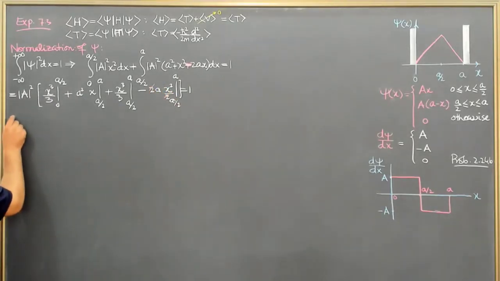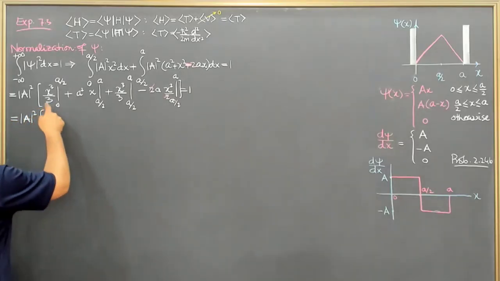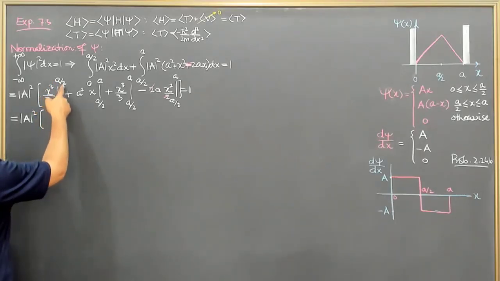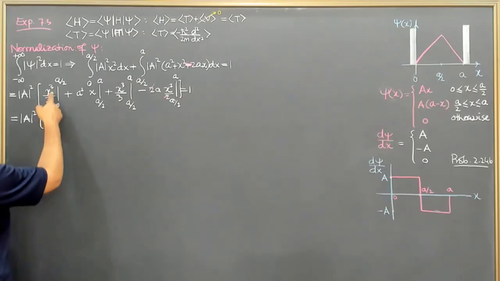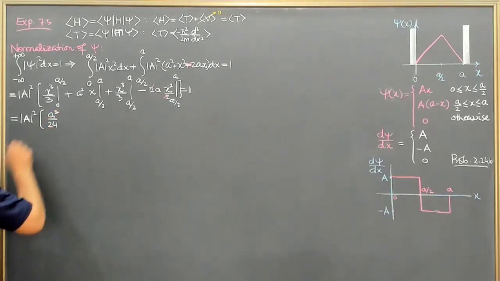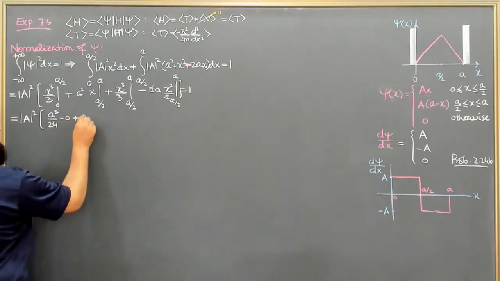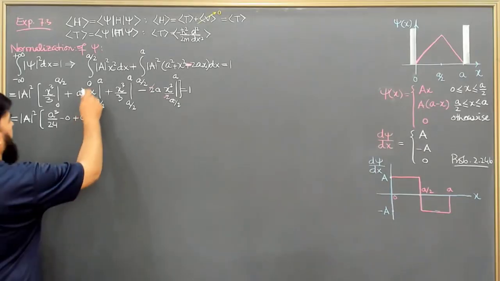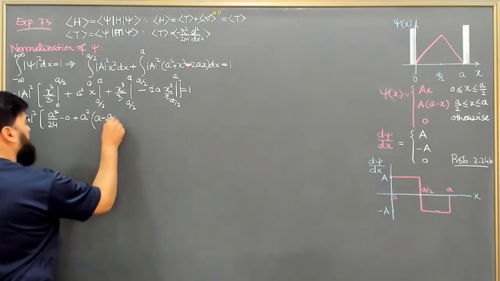Now simplifying this and putting the limits, A mod square, and this is a over 2 whole cube, so it will be a cube over 8, and this will multiply by 1 over 3, so it will come out to be a cube over 24, because 8 threes are 24, minus 0, plus a squared, and then put the value of x, so it will be a minus a over 2.